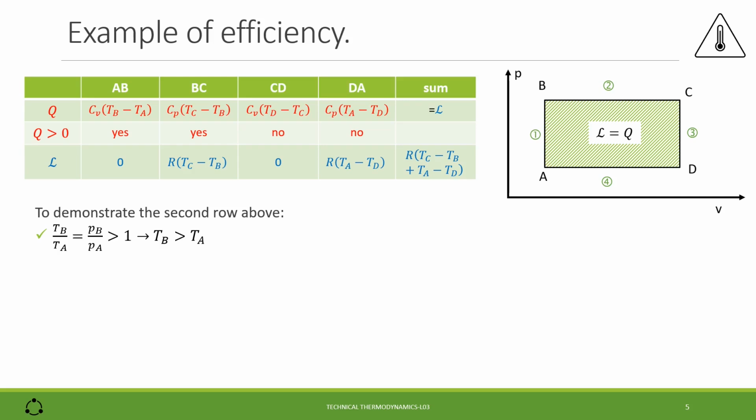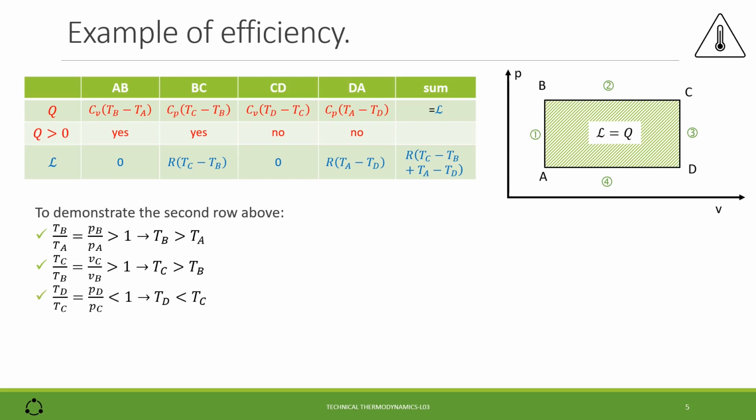Therefore, the ratio between TB and TA equals the ratio of the pressures, and because this is greater than 1, TB is greater than TA. In the same way, we consider the transformation BC, that is isobaric. The ratio between TC and TB equals the ratio of the volumes, that is greater than 1. Also, TC is greater than TB.